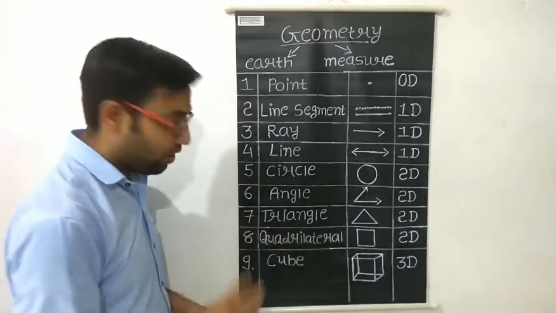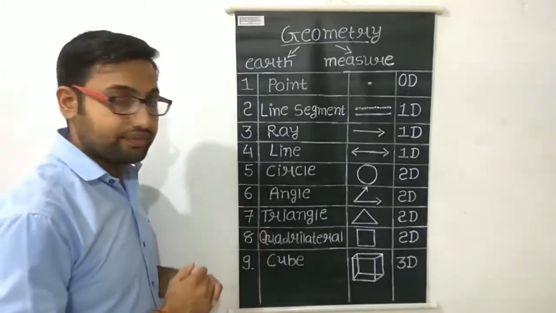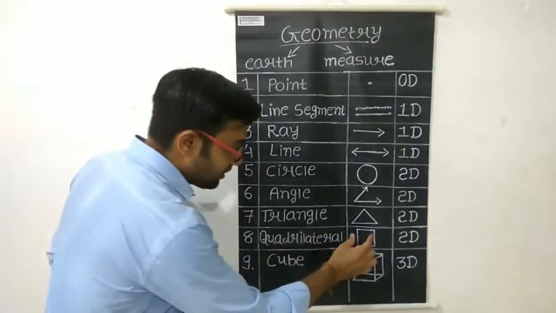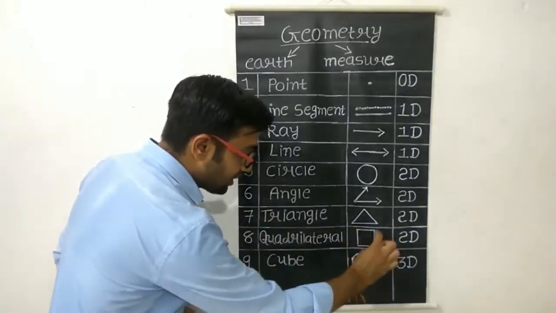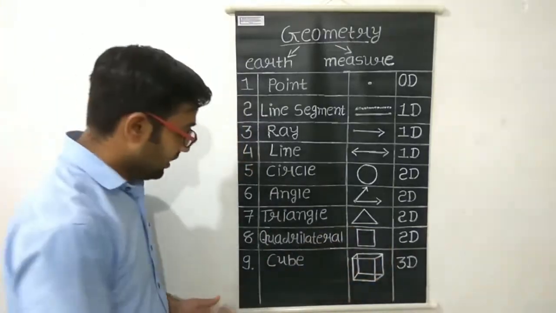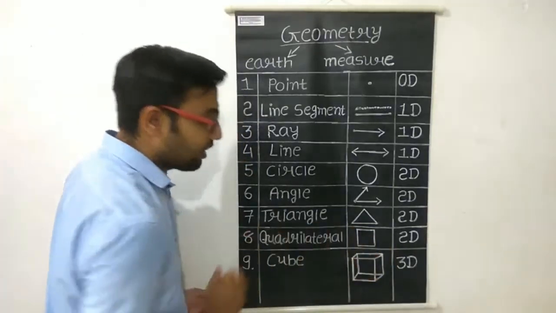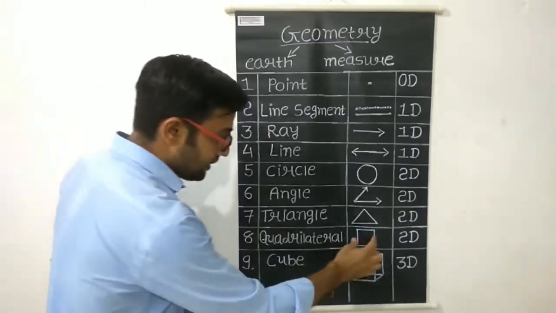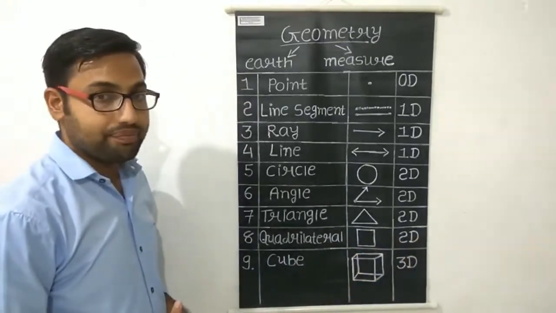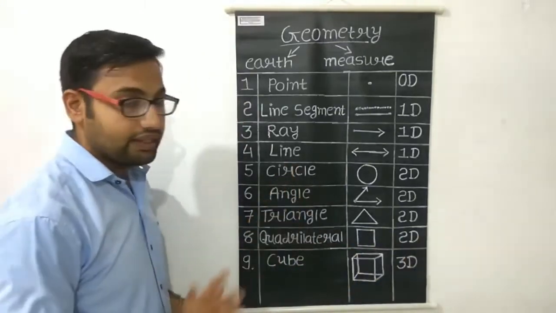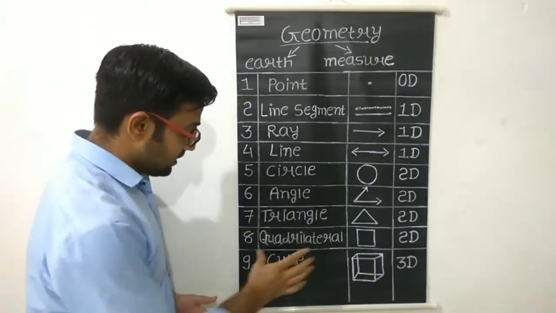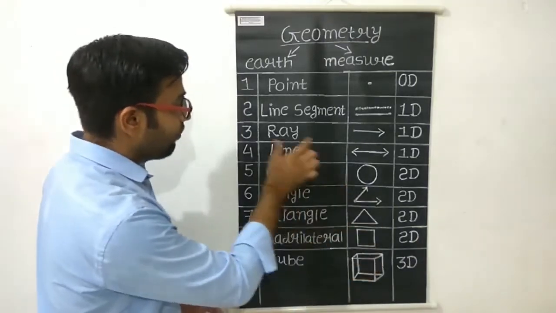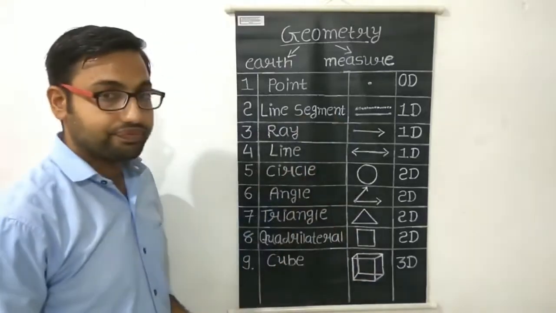Quad means four and lateral means side. Four sides. See, this is the first side, second side, third side and fourth side. So this is what we call a quadrilateral, and it is also a two-dimension shape. It has a height and length. It is made of four line segments.